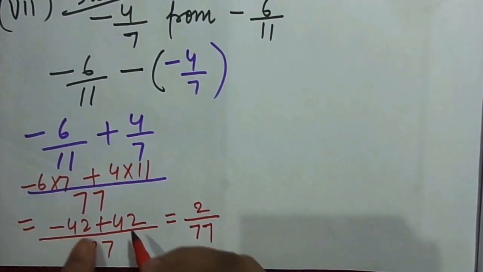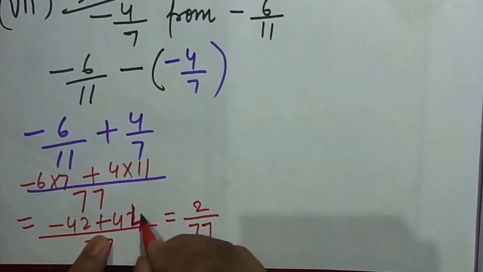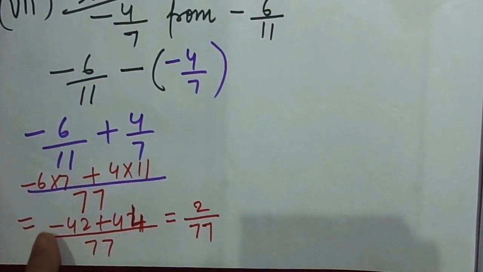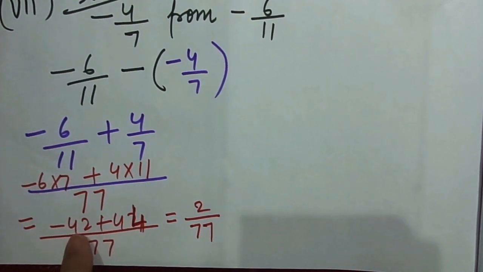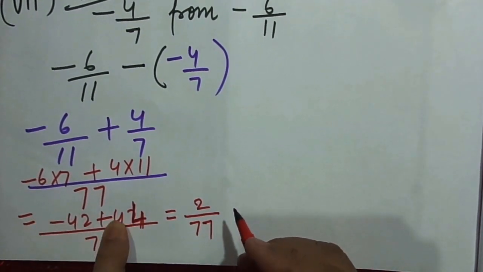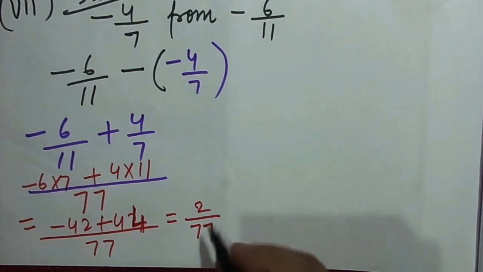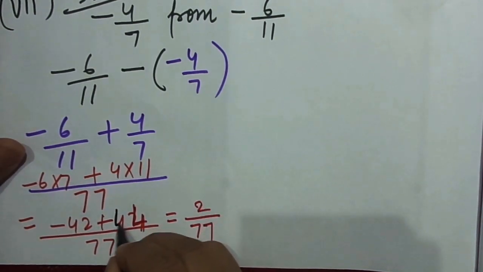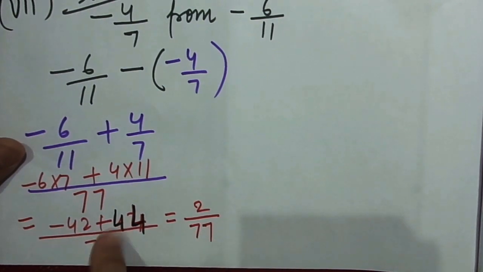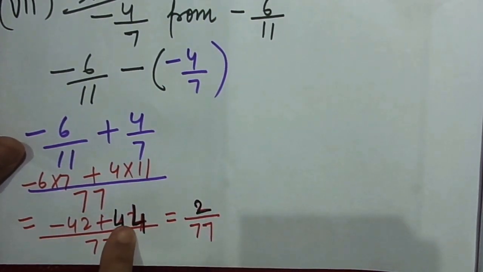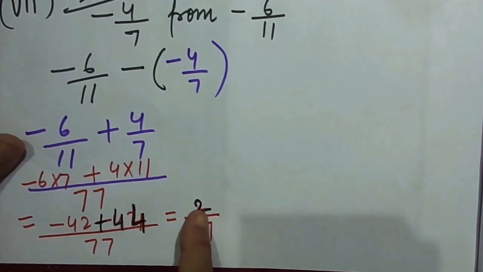I find that both of them have different signs. So I subtracted, and finally my answer will contain the sign of the bigger value, means 44, which had plus sign. Bigger number had plus sign, so plus over there.